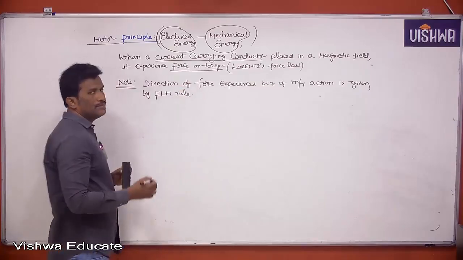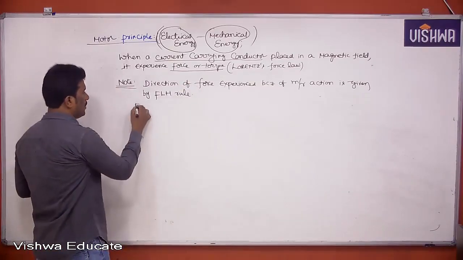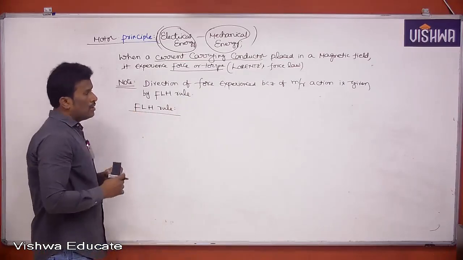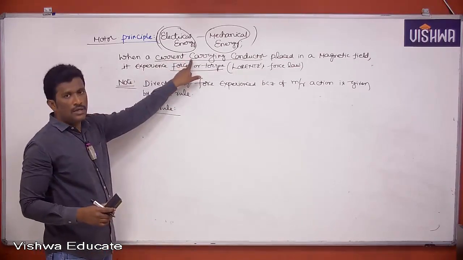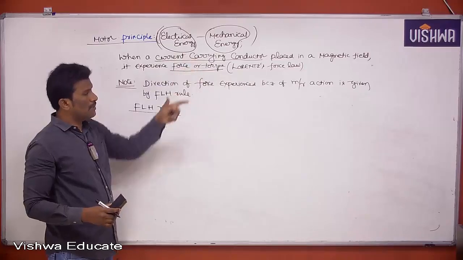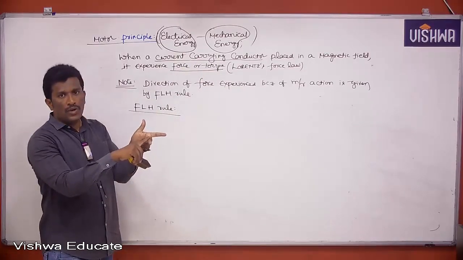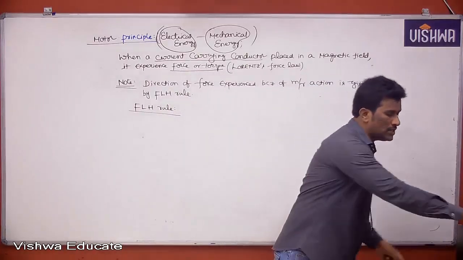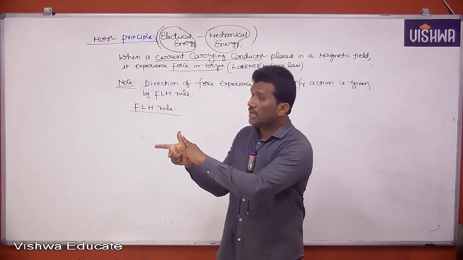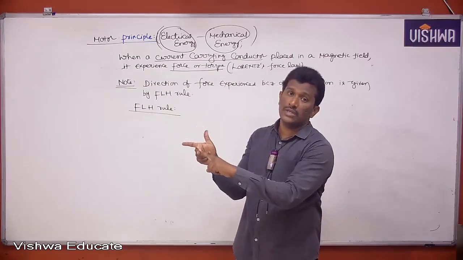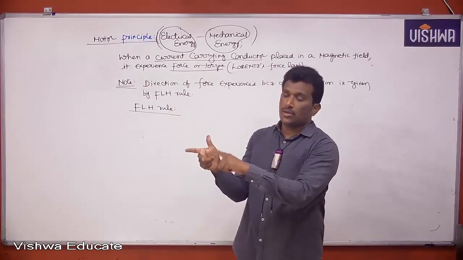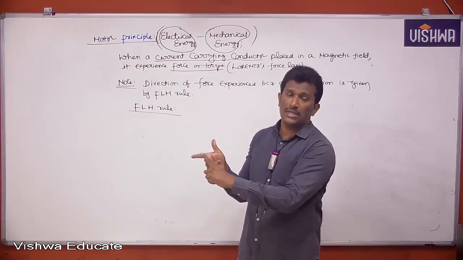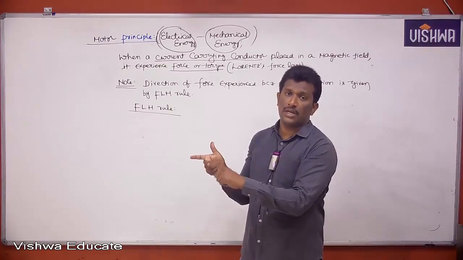If you see Fleming's left hand rule, tell this statement once again like this. While discussing Fleming's right hand rule for generator, I said that when a moving conductor causes the magnetic field, EMF is induced in that conductor. There I told that the thumb indicates mechanical energy, forefinger indicates magnetic energy, and center finger indicates electrical energy.